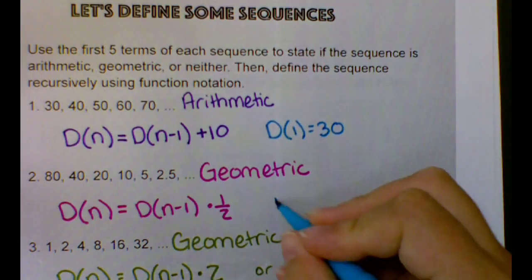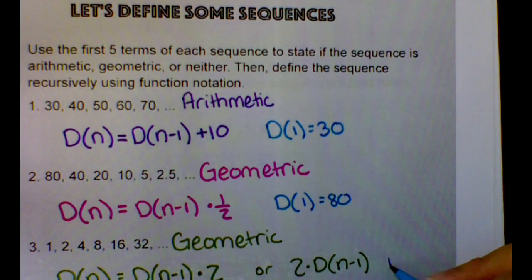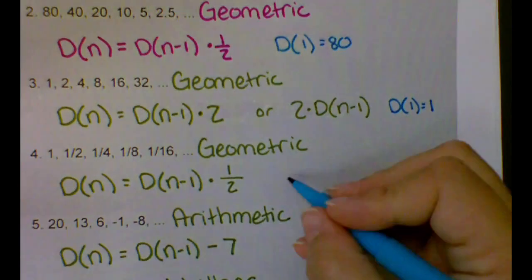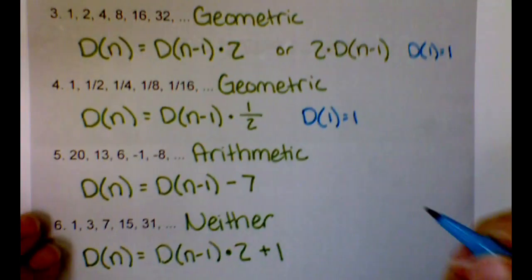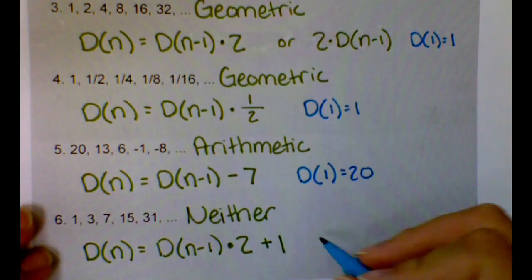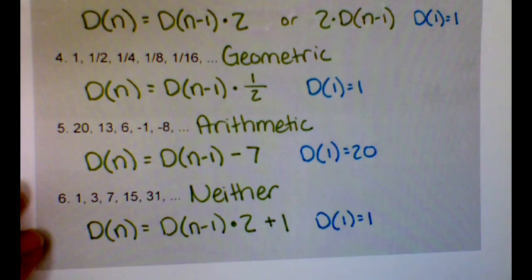The second one, d of 1 was 80. The third one, d of 1 was 1. Fourth one, d of 1 was 1. Fifth one, d of 1 was 20. And sixth one, d of 1 was again 1.